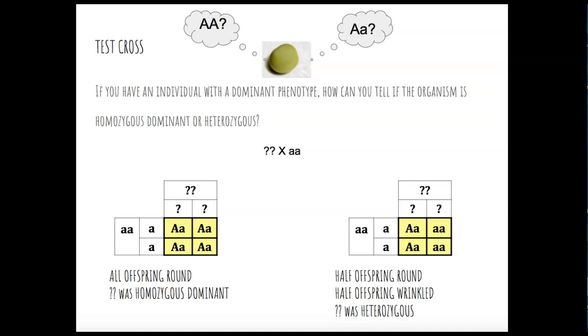On the other hand, if a heterozygous individual is bred with a homozygous recessive individual, half of the offspring are going to have the dominant phenotype and half of the offspring are going to have the recessive phenotype. In this case, round shape would be the dominant trait and wrinkled shape would be the recessive trait.